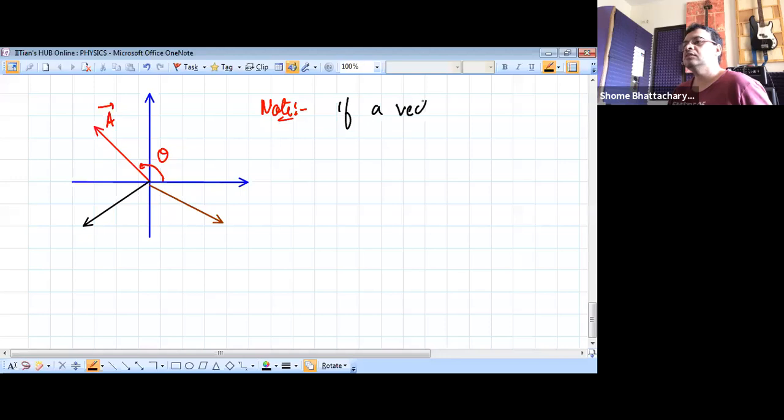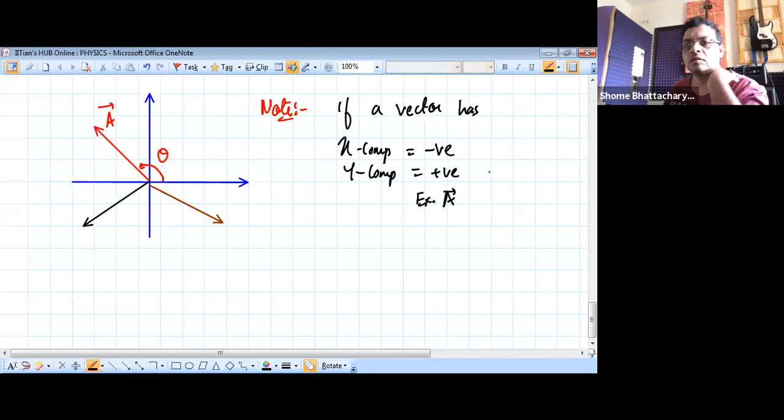if a vector has x component negative and y component positive, example, the vector E in this diagram. Yeah, it can be done geometrically, no problem. Okay.